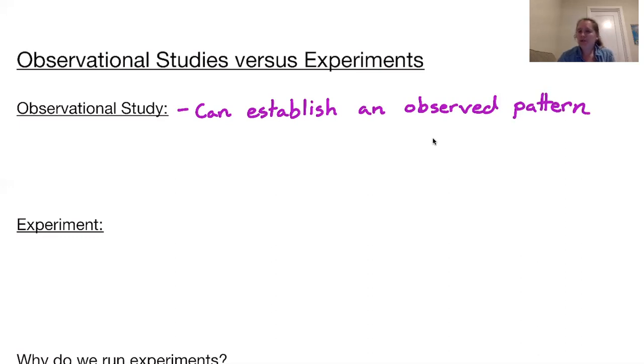An observational study simply comes from asking questions or taking measurements, but the researcher themselves doesn't do anything to try to influence the results.